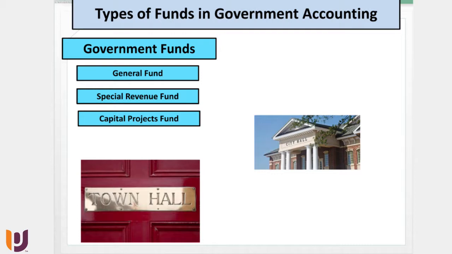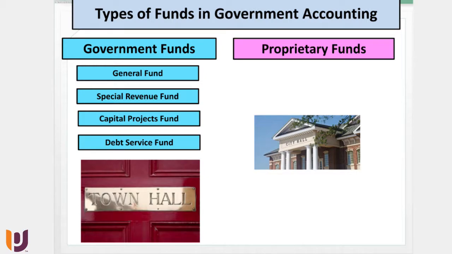Capital project funds are used to account for major construction projects, such as building a new school. Debt service funds account for the accumulation of resources for the payment of long-term debt principal and interest.